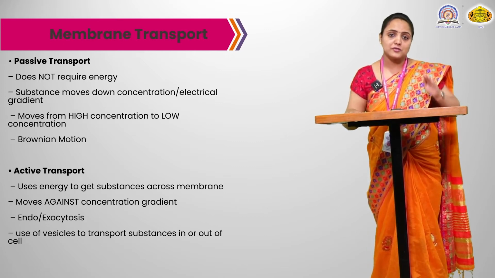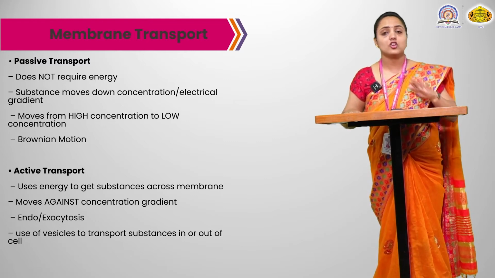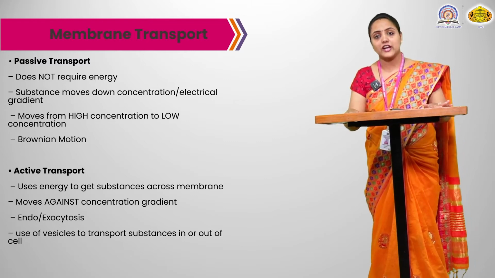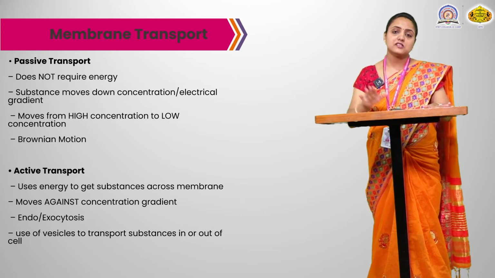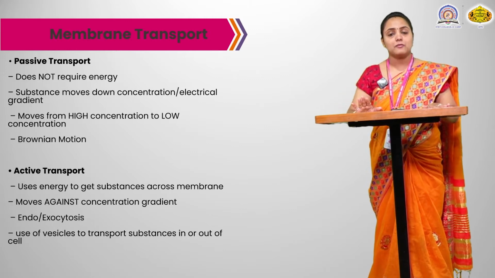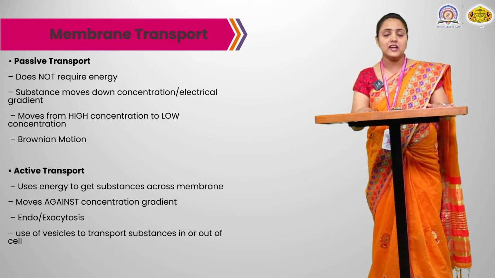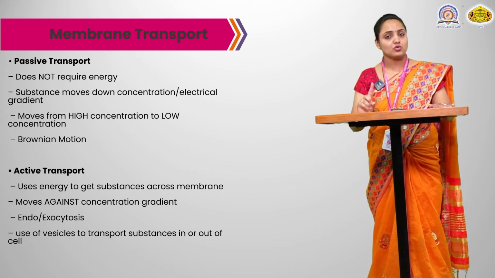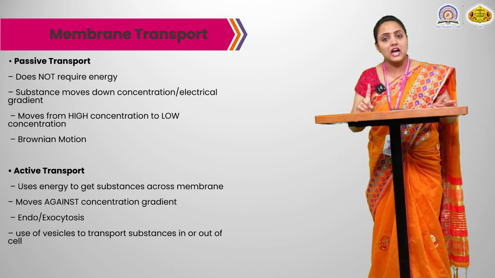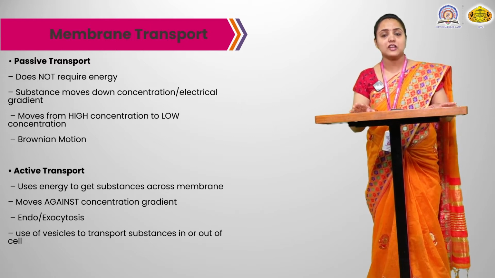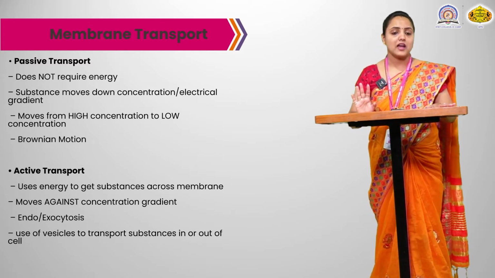In active transport, it is the exact opposite, because here the molecules move against the concentration gradient, from low to high. In passive they move high to low, and in active they move from low to high.